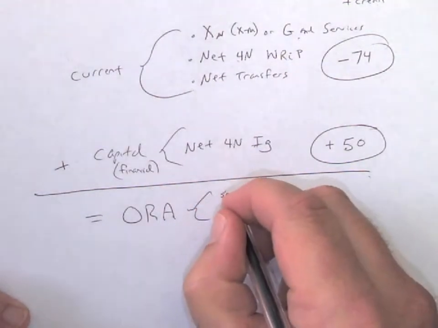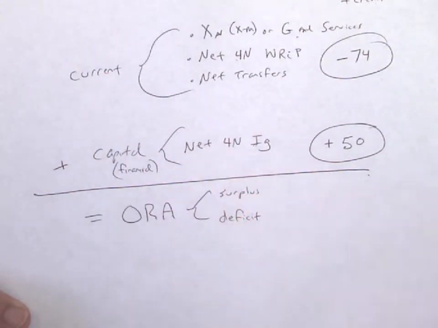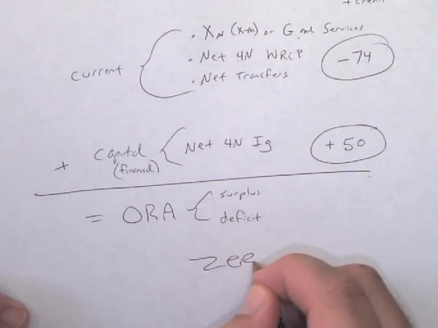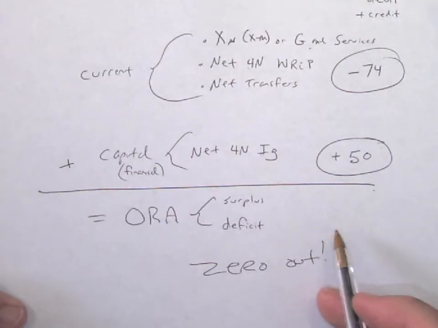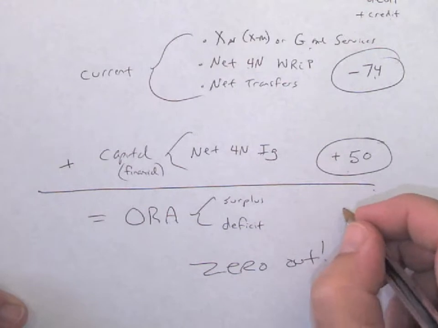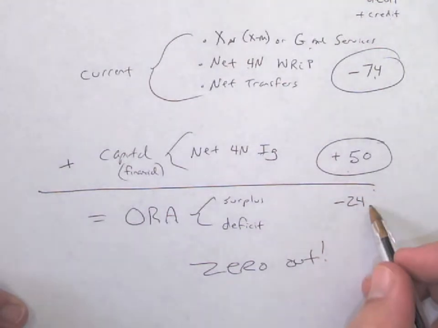If we have a surplus or a deficit, we have to make this zero out at the end of the year. So at the end of the year, we take our current account and capital account, and we add them together. So the balance of payments account itself is in deficit of minus 24.